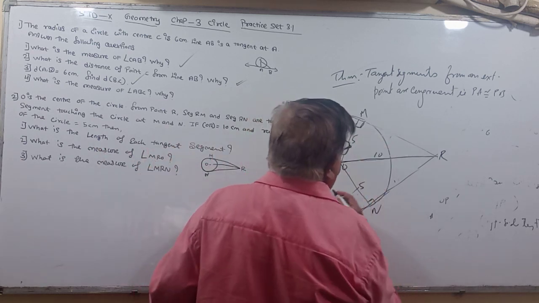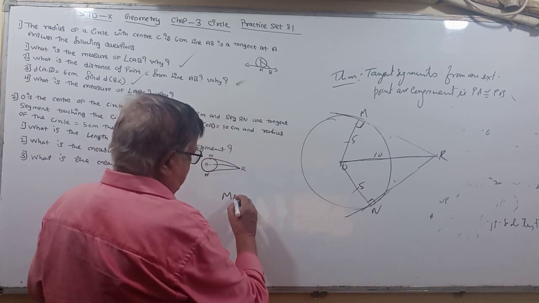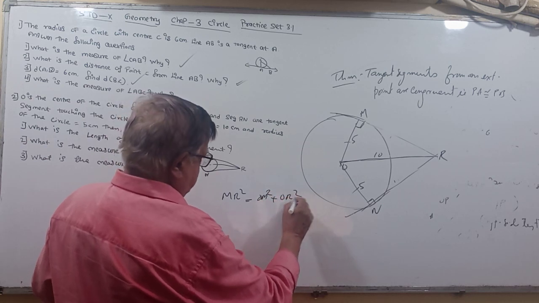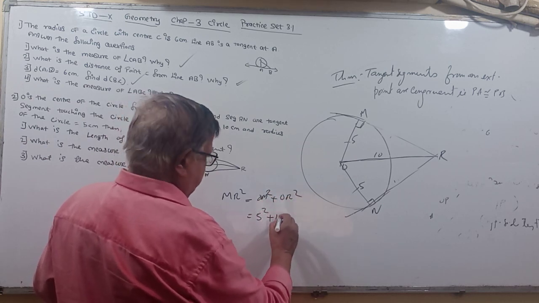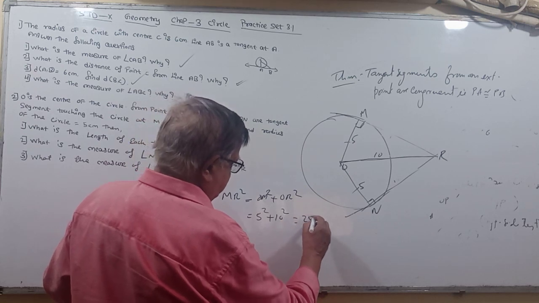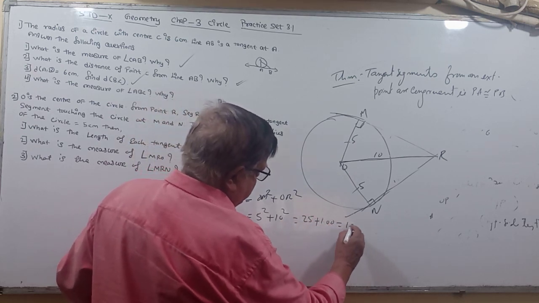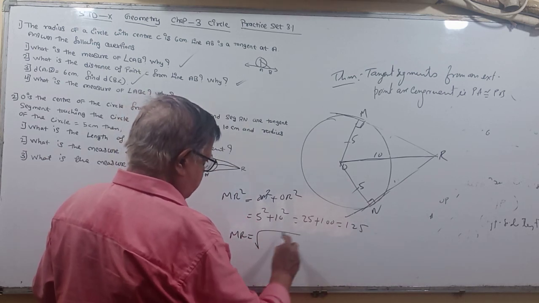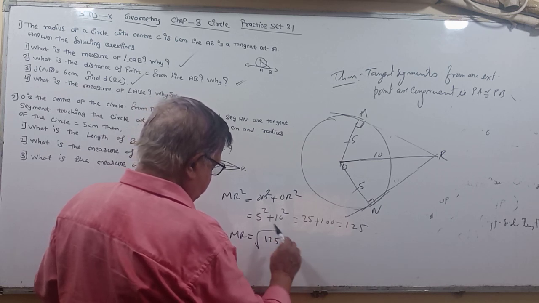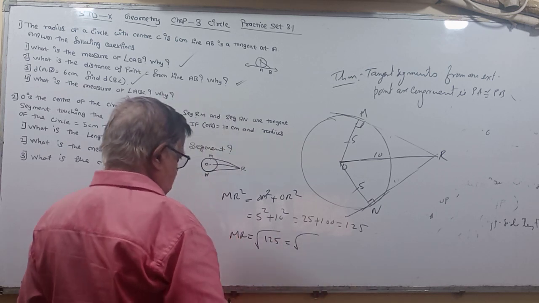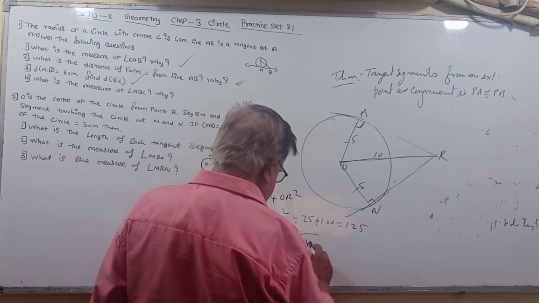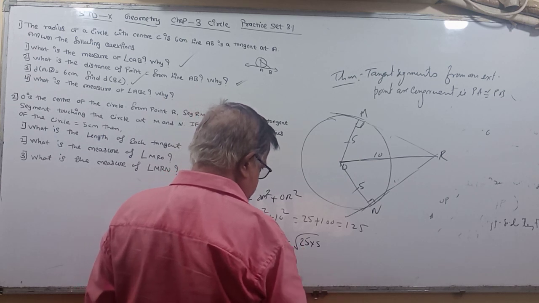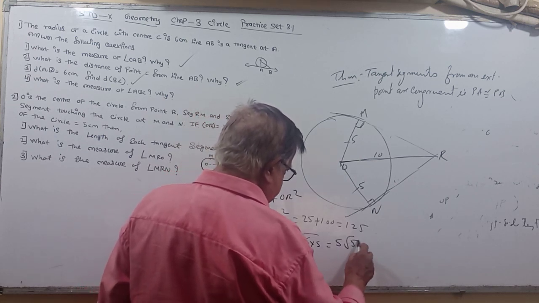What is the length of the tangent segment? By Pythagoras theorem, MR square equal to OM square plus OR square equal to 5 square plus 10 square equal to 25 plus 100 equal to 125. MR equal to square root of 125 equal to root of 25 into 5, equal to 5 root 5.